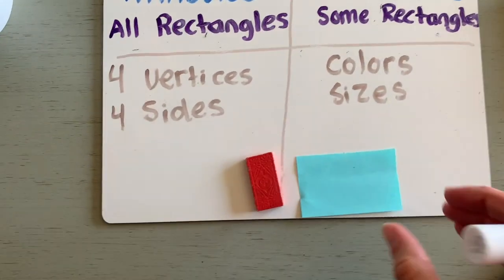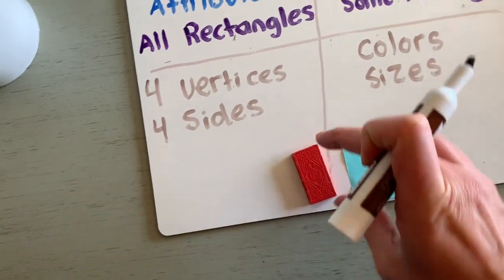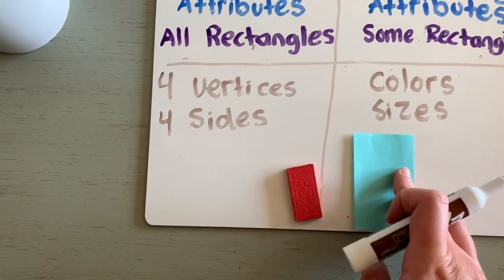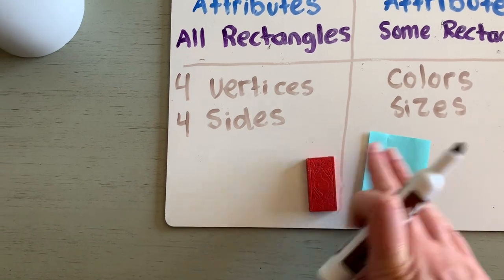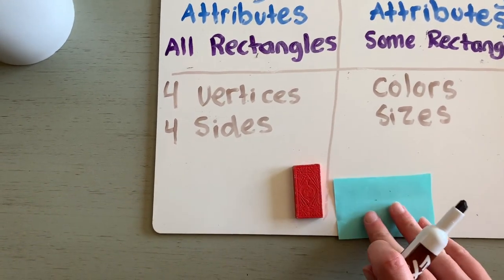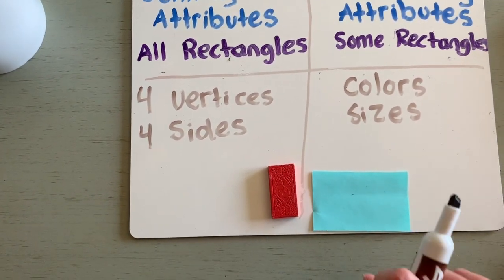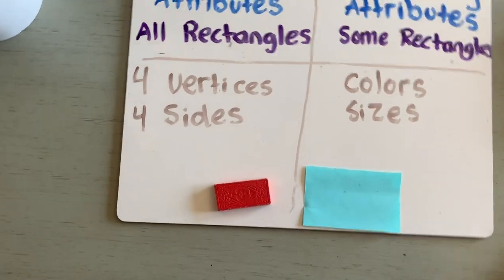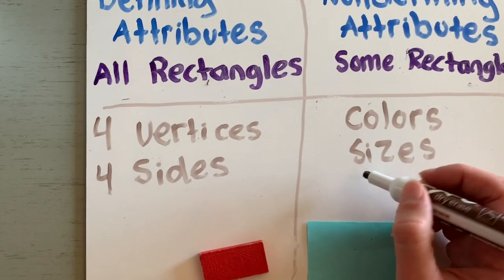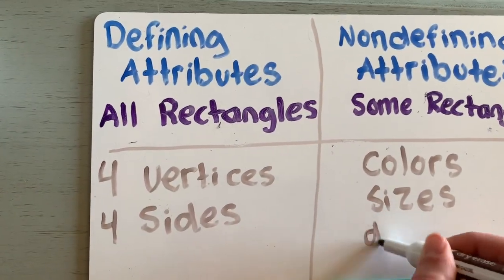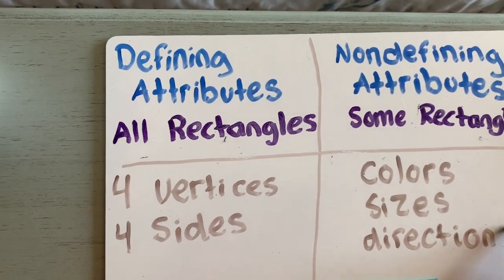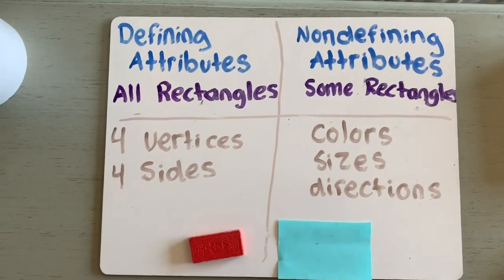One of them could be more long and one could be more short that way. They could be pointing in different directions. Here they are both pointing long ways. One of them's long ways, one of them sideways. They're both sideways. They're still always rectangles. So they also can go in different directions. So our list looks pretty similar to triangles.